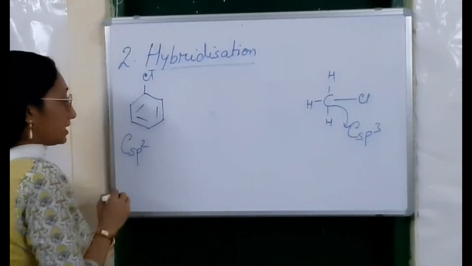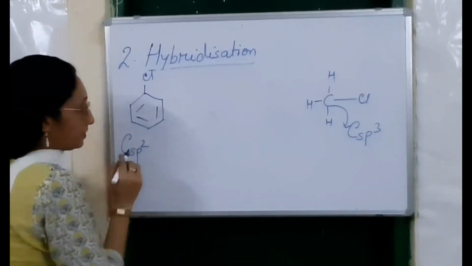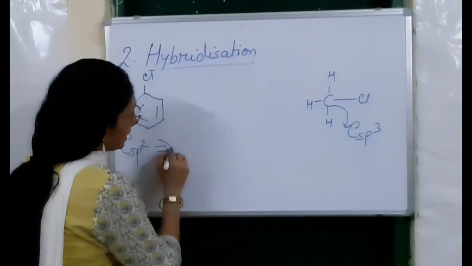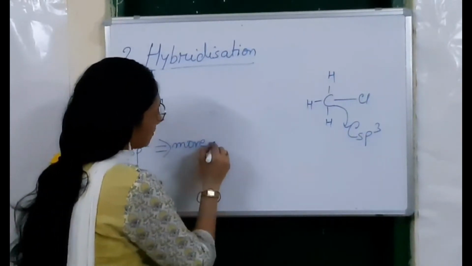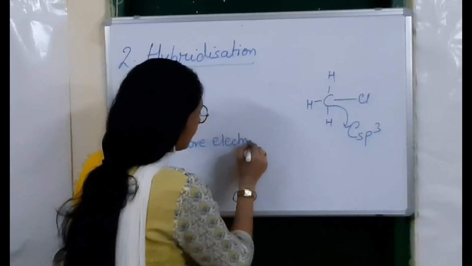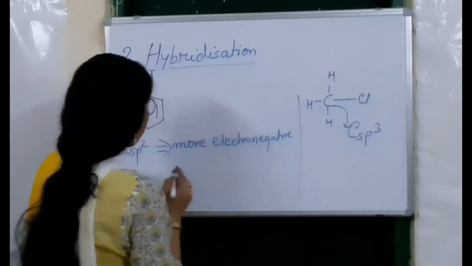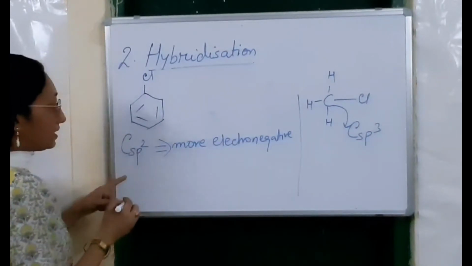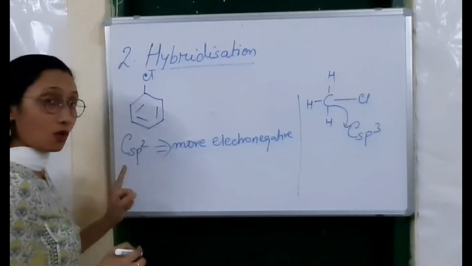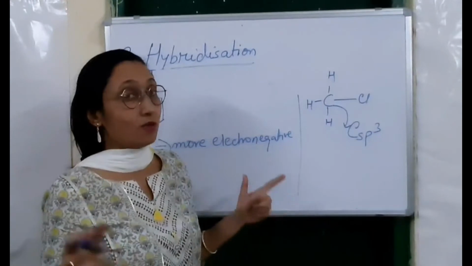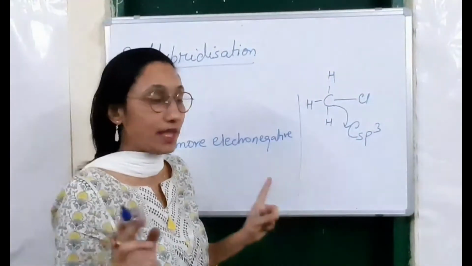Now we know that sp2 carbon is more electronegative than sp3 carbon, because in sp2 carbon the s character is more. More the s character, more the electronegativity.